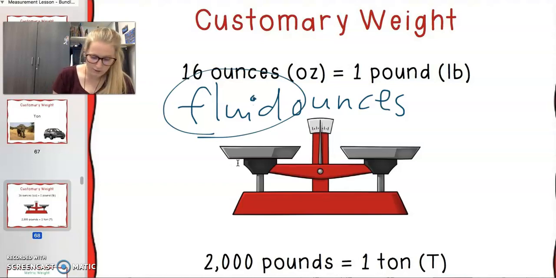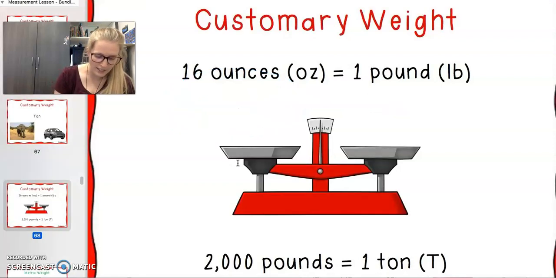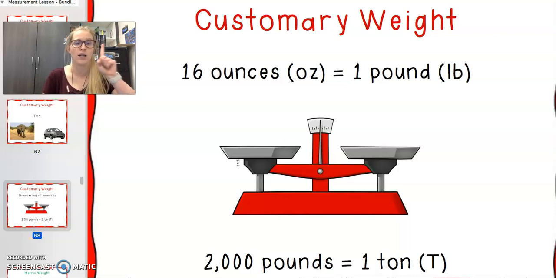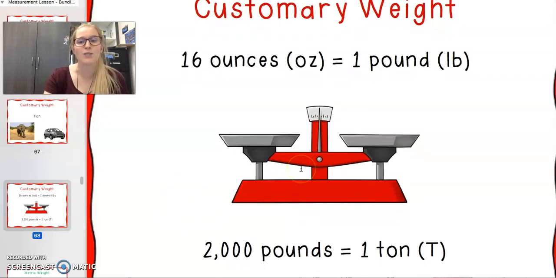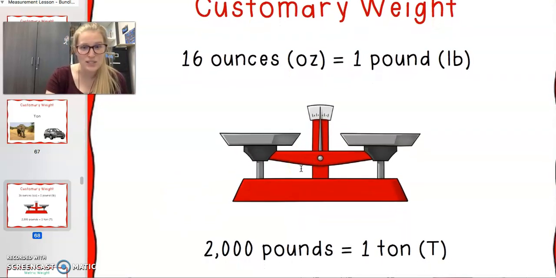Fluid ounces refer to capacity, and 8 fluid ounces equals 1 cup. So it's important that you remember that 16 ounces is weight, and it equals 1 pound. 8 fluid ounces is capacity, and it equals 1 cup. The next one you need to remember for weight is that 2,000 pounds equals 1 ton.